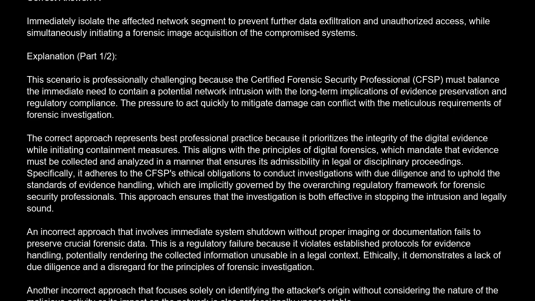An incorrect approach that involves immediate system shutdown without proper imaging or documentation fails to preserve crucial forensic data. This is a regulatory failure because it violates established protocols for evidence handling, potentially rendering the collected information unusable in a legal context. Ethically, it demonstrates a lack of due diligence and a disregard for the principles of forensic investigation.